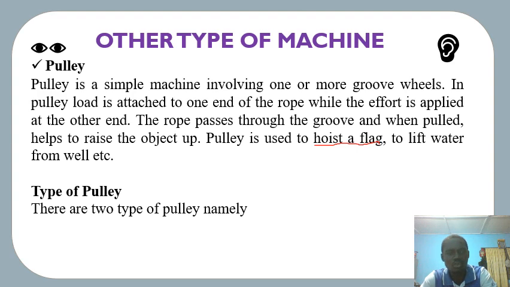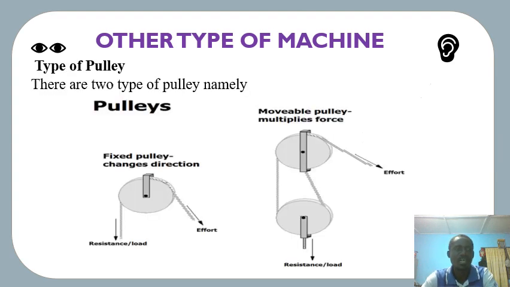And we have types of pulley. We have two major types of pulley: the fixed pulley and the movable pulley. The fixed pulley changes direction. It makes use of one disc, or a disc device, that is used to turn the load. Then the movable or the multiple one makes use of two or more discs.